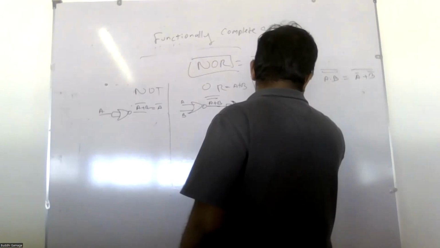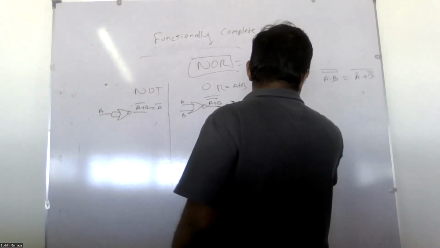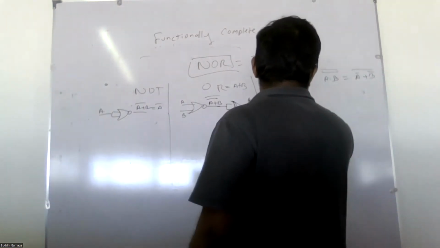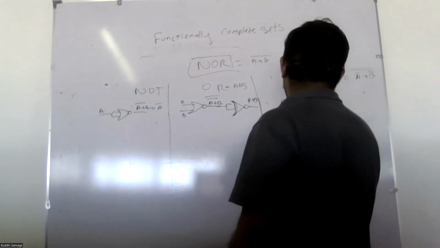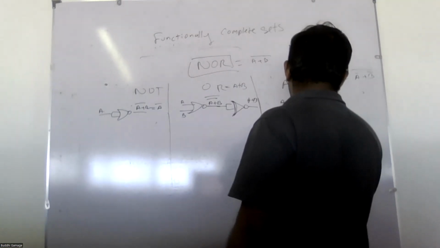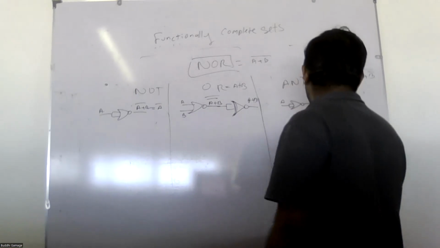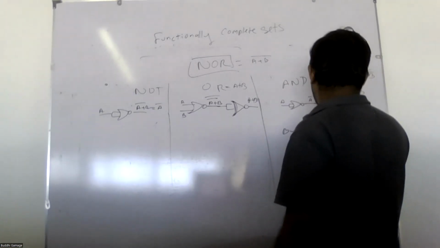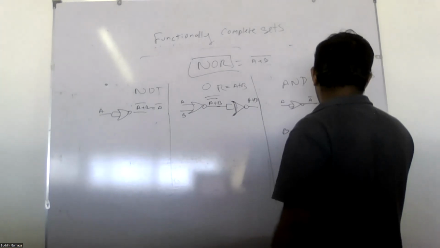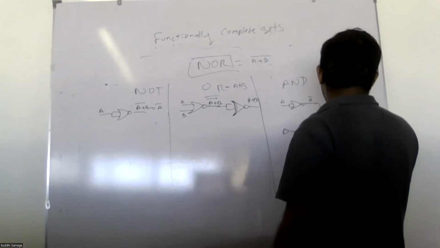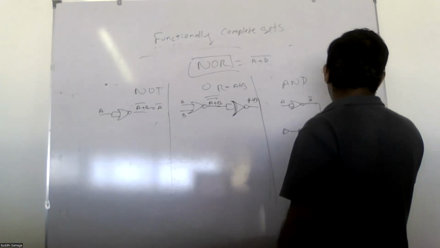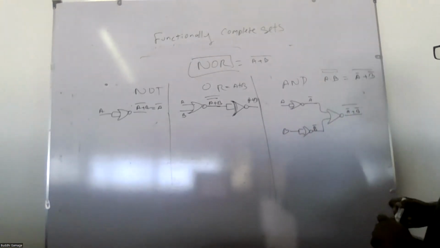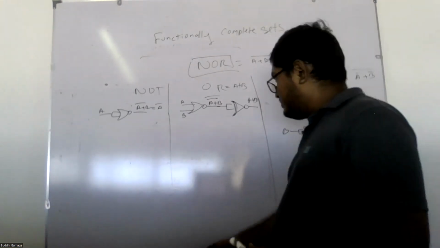So that is the negation. A bar plus B bar negation. Then AND, right?